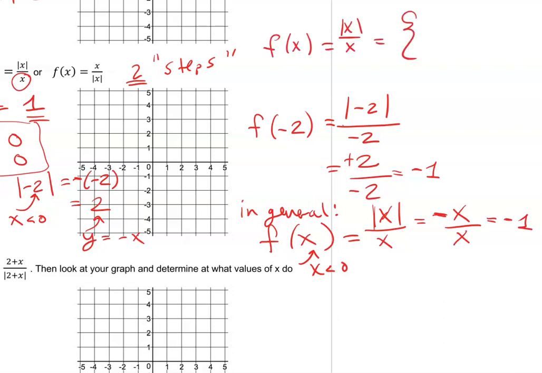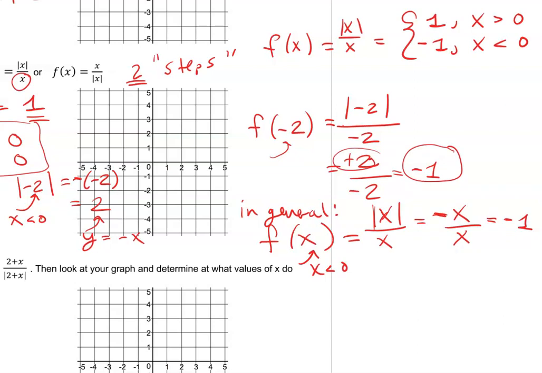So that's the other step. This function is either going to equal 1 for x's that are greater than 0, because it would just be a positive number divided by itself, or it will equal -1 when the inputs are less than 0. And we saw an example of that right here. When I plugged in -2 into this equation, the top became positive, but the bottom stayed the same, and when I divided them, I got -1.